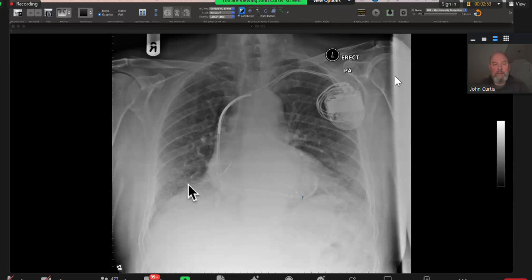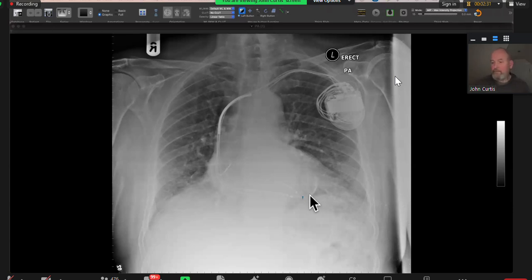Anything else other than that that could be the cause of the stroke, on the chest X-ray? There's a slight curvilinear calcification. I think it's in this region over here and along the heart. Okay, so what's that?